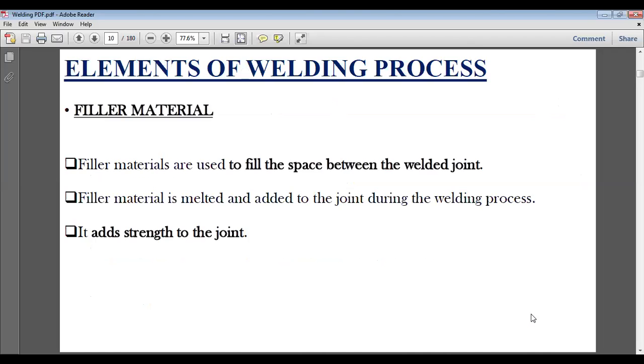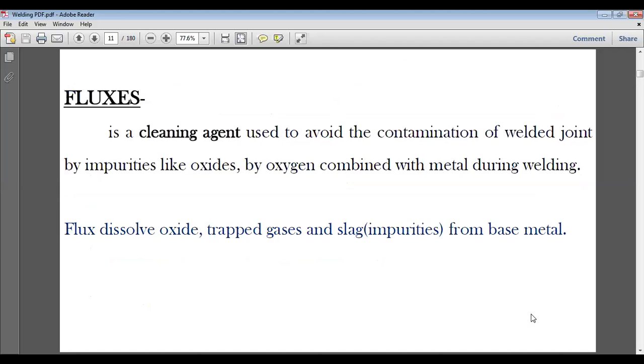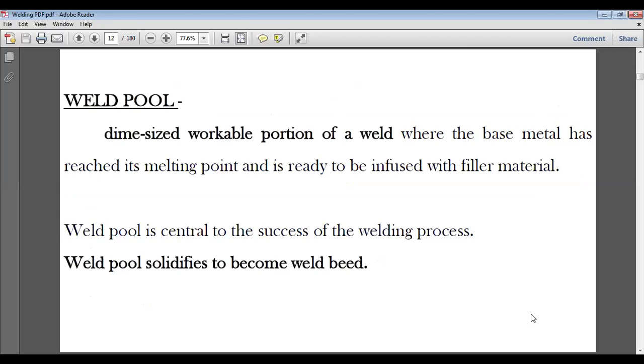So these are the three basic elements that are the requirement of welding. After that, we discussed the filler metal and fluxes also. Now we are coming to the weld pool. Weld pool is the place where welding is taking place. It is basically a small crater where the metal is fused, and the metal is in a slightly molten form, not completely molten, so that the pieces are fused together.